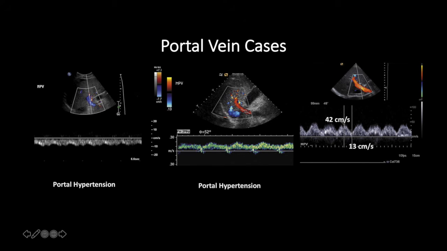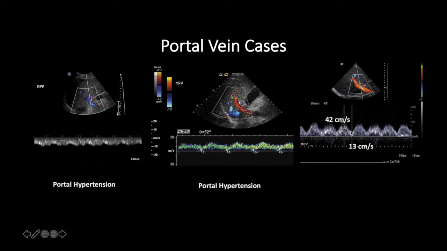Okay, in the third case here, again, the main portal vein, have a look at it. Okay, and so this is showing us very pulsatile portal venous flow. Remember what the normal portal venous flow looked like on the last couple of slides, and remember the difference between the top and the bottom, or the highest and the lowest points, should be less than 15.